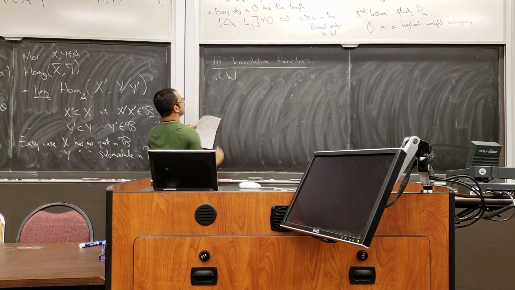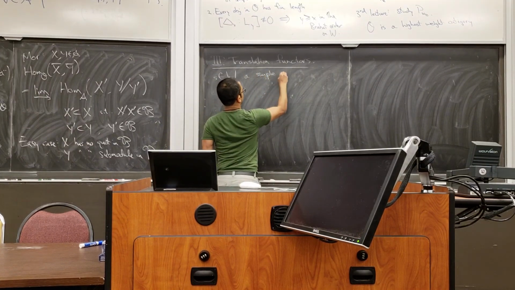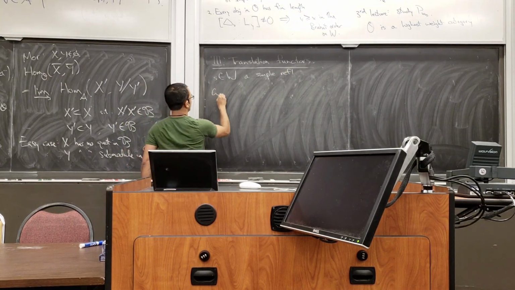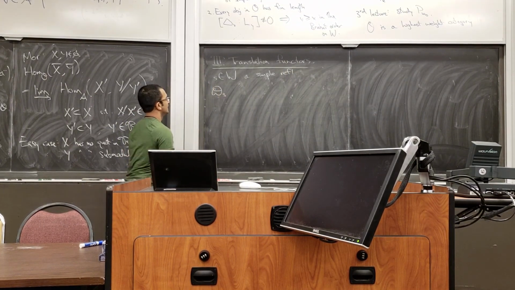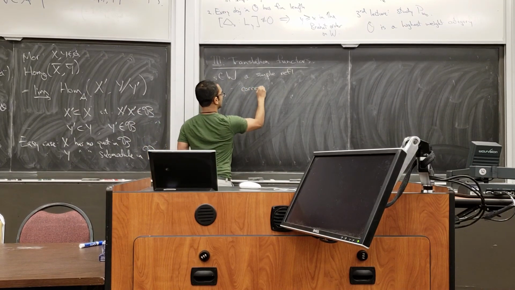So I'm going to start with a simple reflection s in the Weil group. And then I want to let pi s be the corresponding fundamental weight.